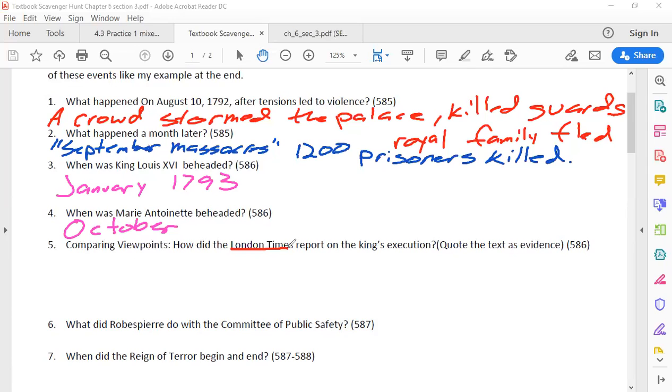So, they weren't happy about the death of the king. But we can quote the text as evidence here and say that the London Times said that they have murdered their king without even a shadow of justice.